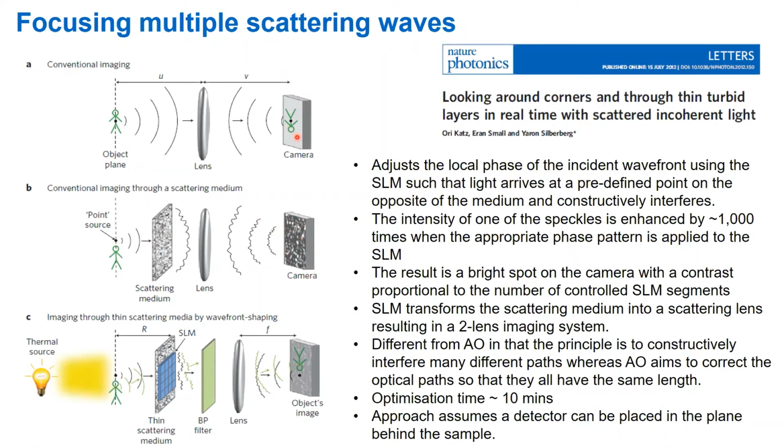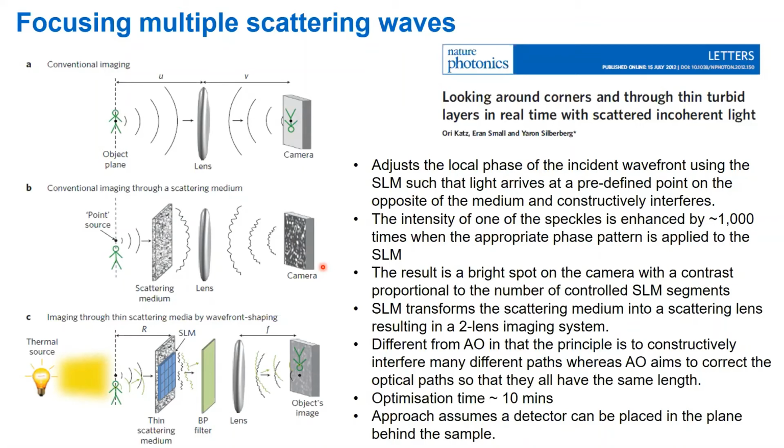So the idea of focusing multiple scattering waves is that you correct for the local phase incident on the wavefront, so you make lots of small adjustments to the phase across your spatial light modulator. What you're aiming to do is change the direction of the wave locally so that when it arrives at the camera, you get constructive interference, and therefore you get a focus on your camera because all these individual speckle points come together with constructive interference.